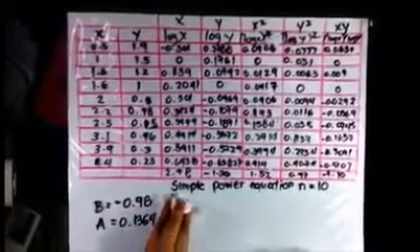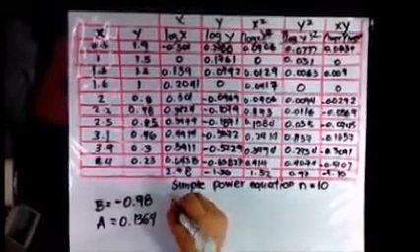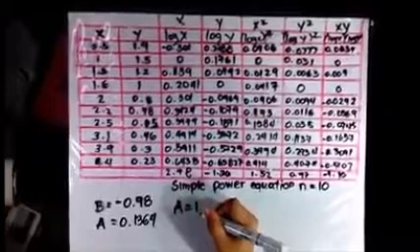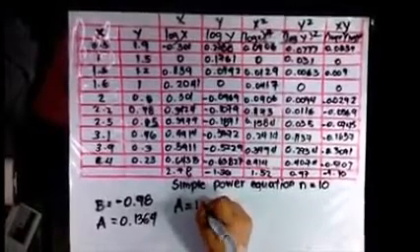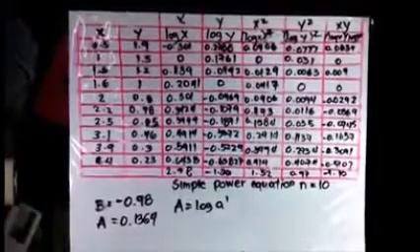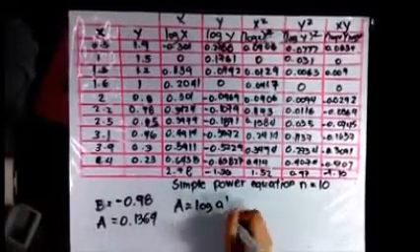Now we have to get the value of A sub 1 and B sub 1. We all know that A is equal to log A sub 1. So manipulating the given equation, we can get A sub 1.